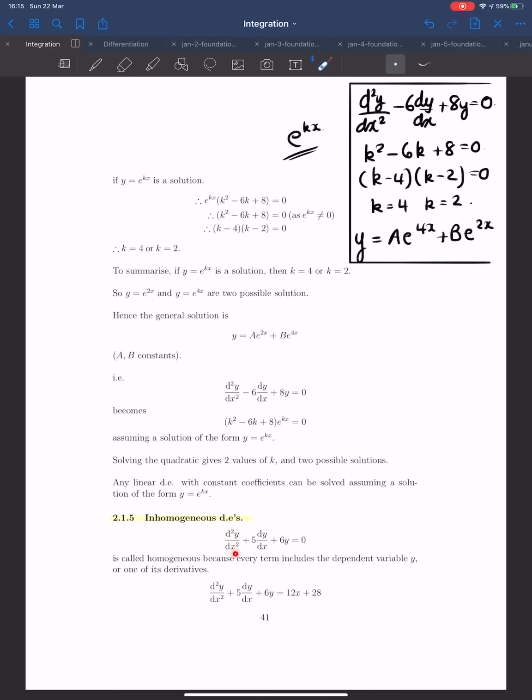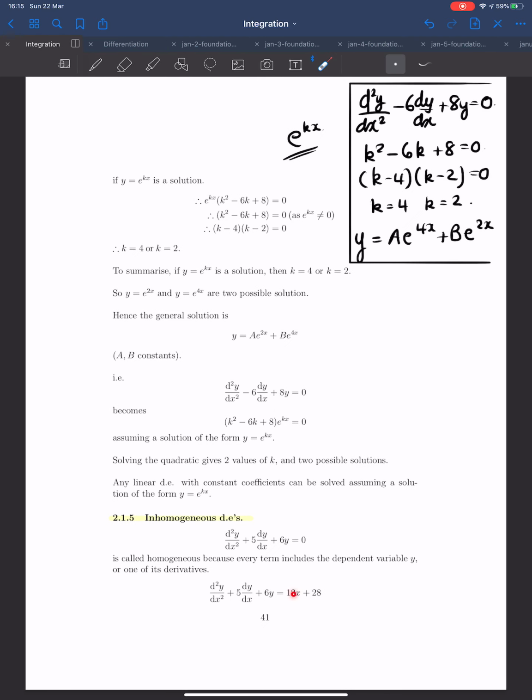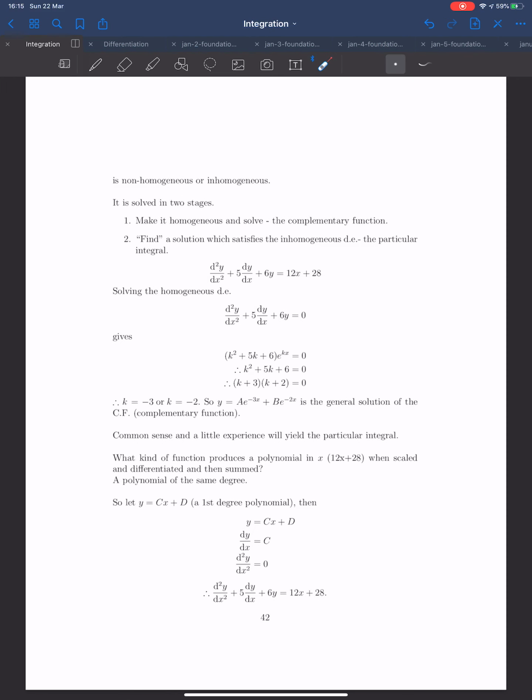So here, d2y by dx squared is a derivative of y, 5 dy by dx has a derivative, and 6y has the y, so that one's homogeneous. This one is not homogeneous, and that's because we've got 12x plus 28 on the right hand side.